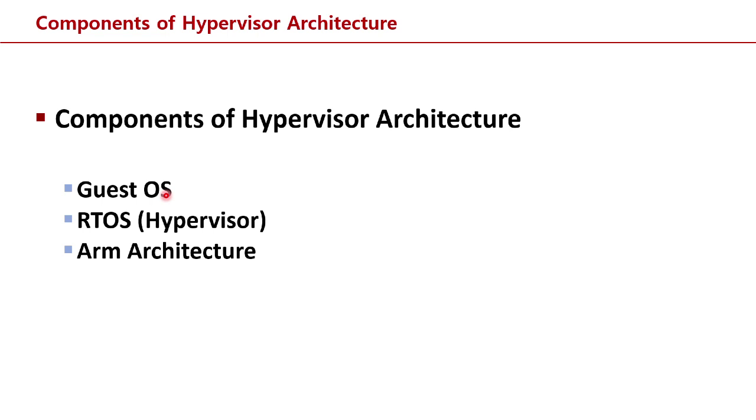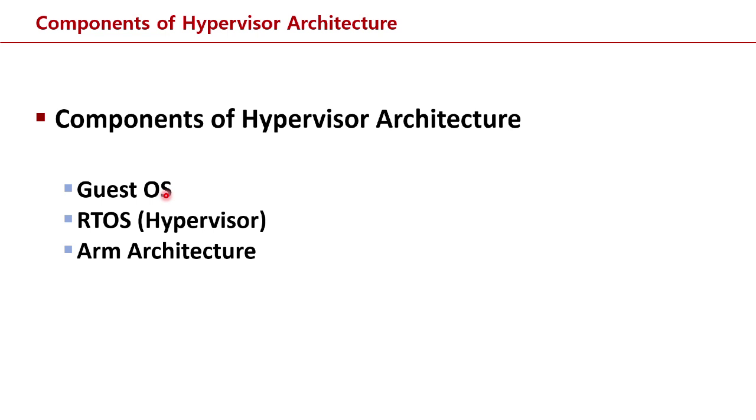In some cases, the first guest OS could be a real-time operating system, and the second guest OS could be Android. The manufacturer can choose their own type of guest OS by some configuration.